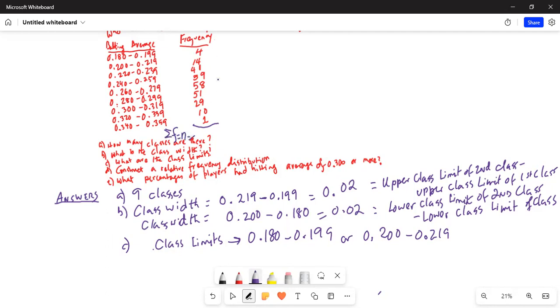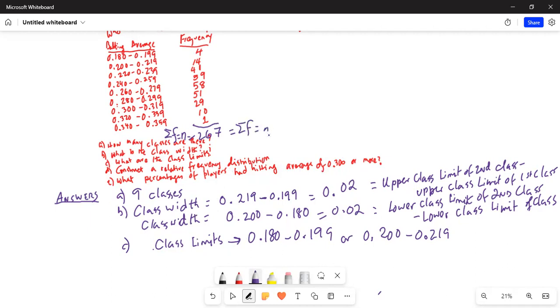I add them up: 4 plus 14 plus 41 plus 59 plus 58 plus 51 plus 29 plus 10 plus 1. It works out to 267. That's equal to the sum of the frequencies, or n.